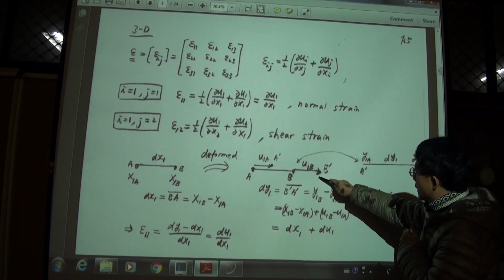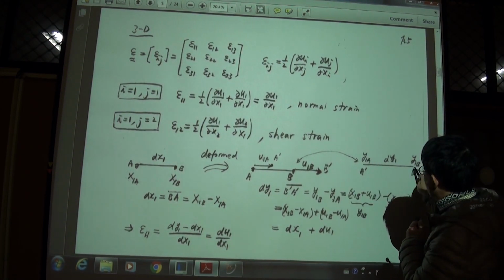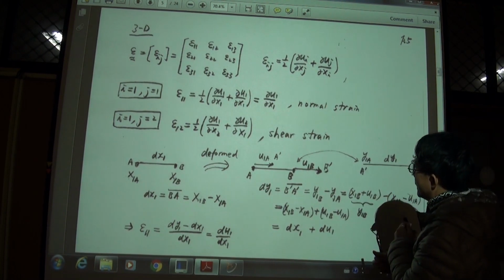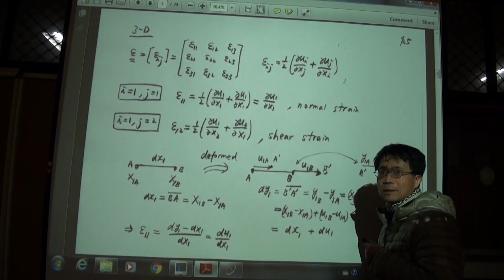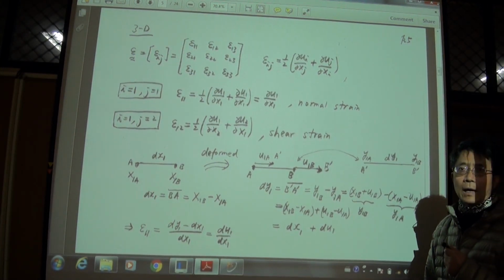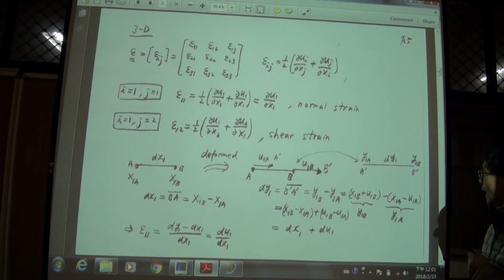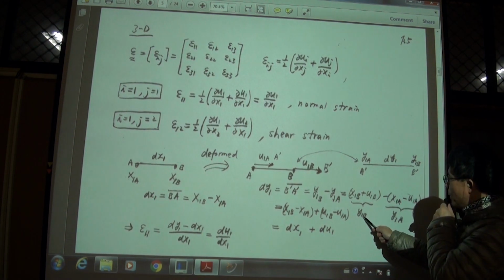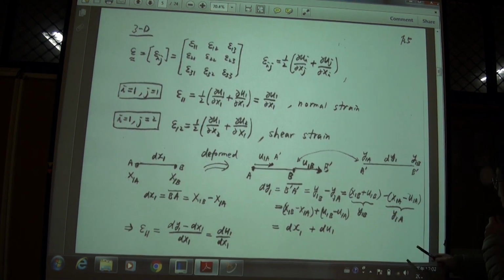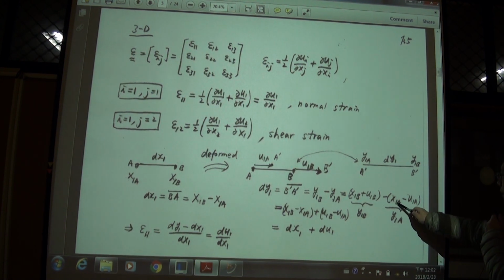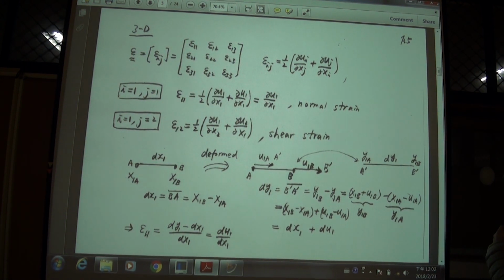In the same way, y1a equal to x1a plus u1a.